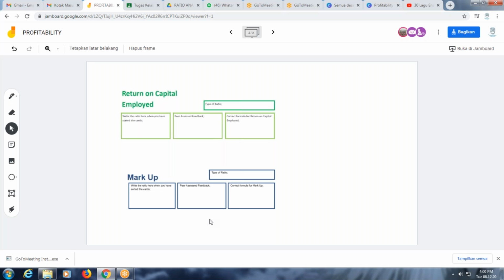And for the return on capital employed, it is based on capital employed that we can already see on the balance sheet. Okay, return on capital employed and markup.